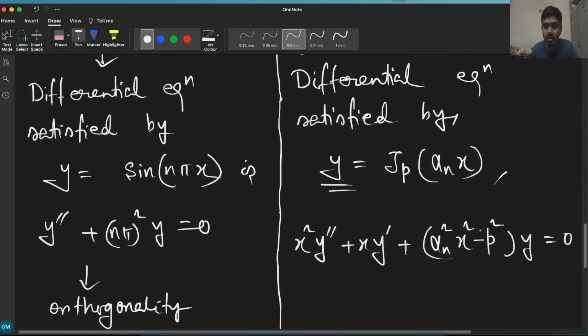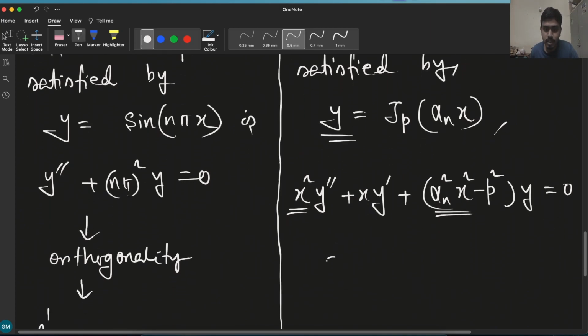That's why here I wrote alpha n x, but here I didn't write it. It's because in the y double dash term there is an x squared present here. So y double dash is nothing but d2y dx2, and from here there will be alpha n square coming out, and it will get cancelled by the alpha n square that will be coming out from this x square. And similarly for this term also.